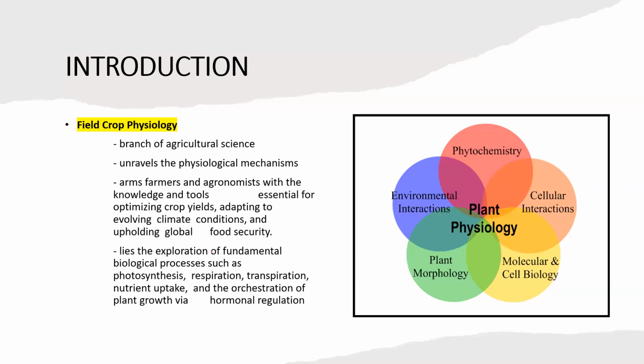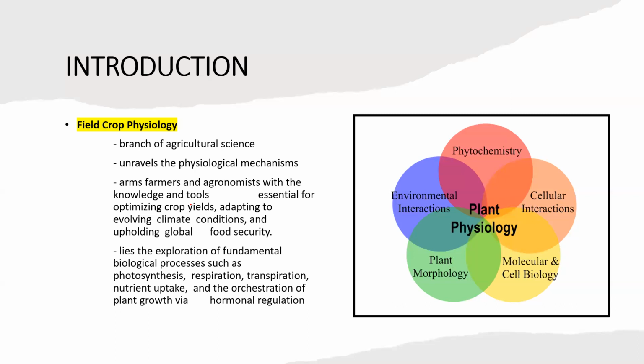So the physiology also arms the farmers and agronomists with the knowledge and tools essential for optimizing the crop yield. So para mapataas yung ani or yield ng mga farmers natin, kailangan mapag-aralan muna ang physiological needs of the plants, adapting to evolving climate conditions, and upholding the global food security.